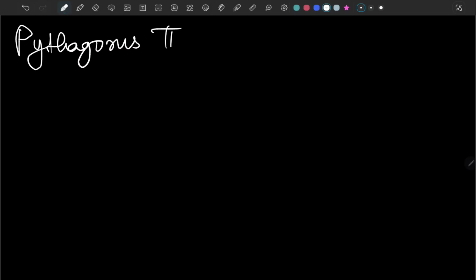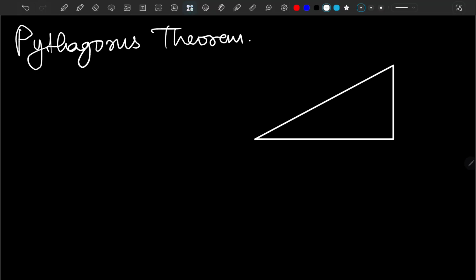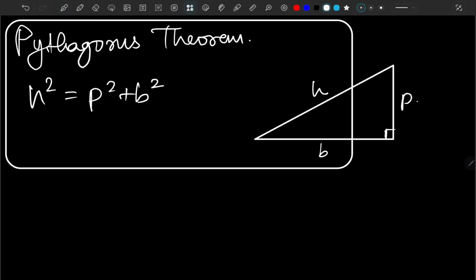That is the Pythagoras theorem. Wait a second. So basically what this says is, if you have a triangle like this, with this as your base, this as your hypotenuse, and this as your perpendicular, then the relation between these three sides is h squared equals p squared plus b squared. This is what the Pythagoras theorem is all about, and this is extremely important.